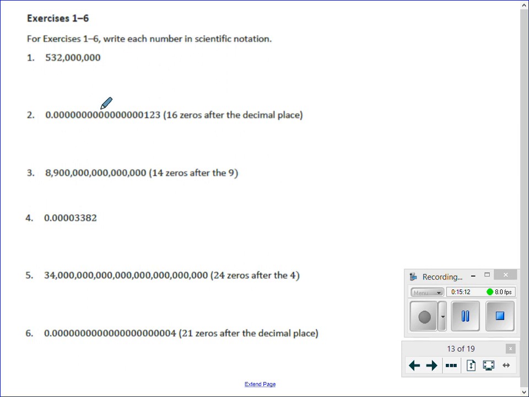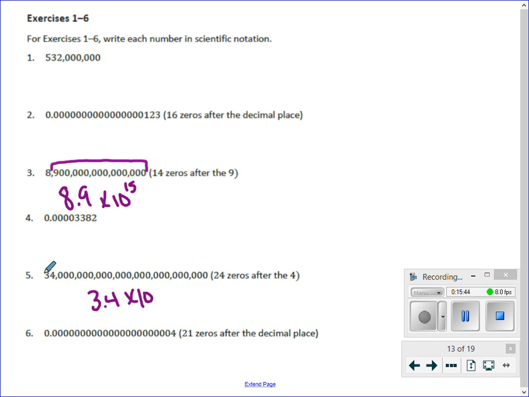These, I'm only going to do a few of them. 8.9 is between 1 and 10 times 10. Now if there's 14 zeros, we want the decimal place right there. We have 14 plus 1, so it's going to be 15. We actually move the decimal place left. And times 10 to the 15 is a big number, which is what that is. On number 5, it's 3.4 times 10.